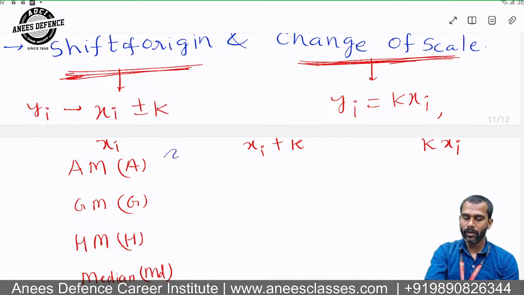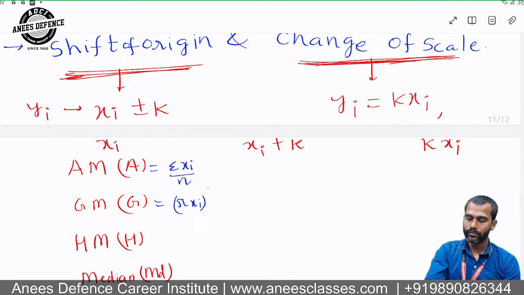What is AM? Summation xi over n, the simplest formula. What is GM? Pi xi raised to 1 by n. What is HM? N by summation 1 by xi.